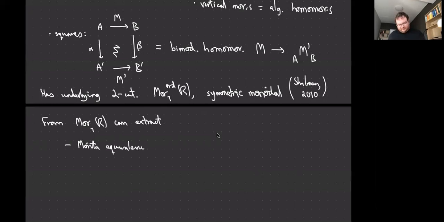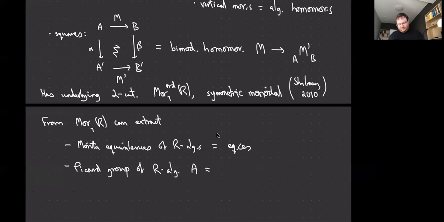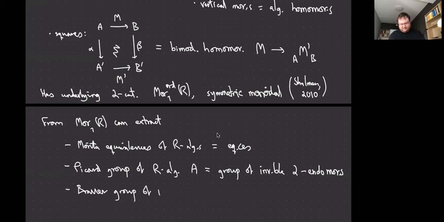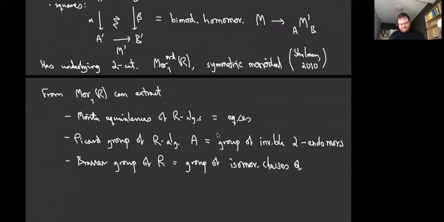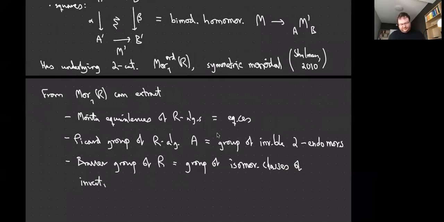We can also extract algebraic invariants like the Picard group of an R algebra A, which is just the group of invertible endomorphisms of A. We can extract the Brauer group of R as the group of isomorphism classes of invertible objects, using the symmetric monoidal structure.